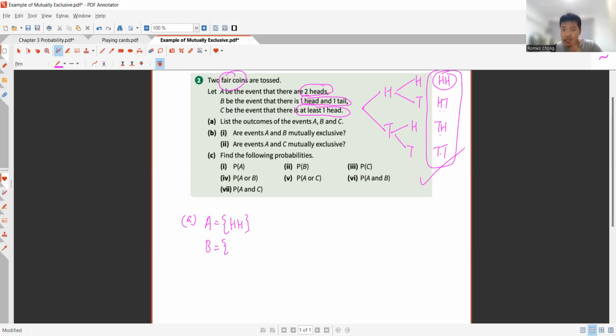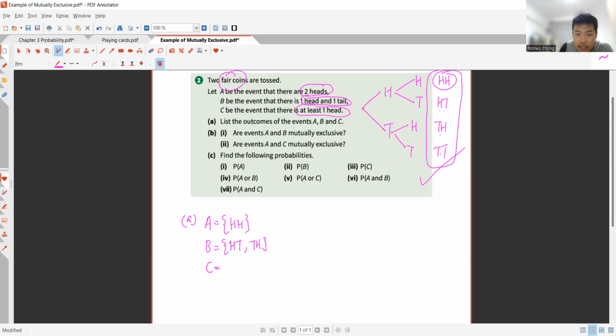Even though HT and TH have exactly the same result, one head, one tail, the sequence of the outcomes is different, so we consider them as two different outcomes. You cannot make them as one. So for B, we have two different outcomes, which is either HT or TH.